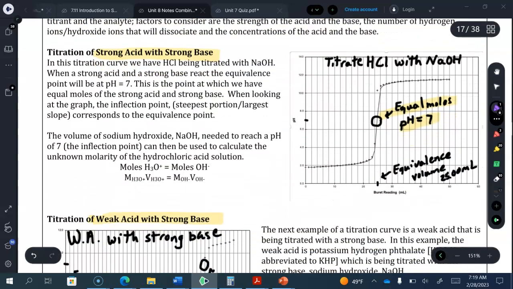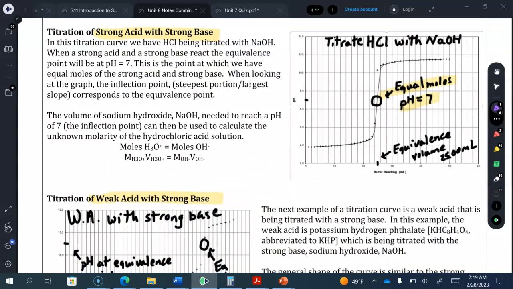If we look at the titration of a strong acid with a strong base, we see this curve for HCl being titrated with sodium hydroxide. When a strong acid and a strong base react, the equivalence point we see is at pH 7. This is the point when we have equal moles of the strong acid and strong base.